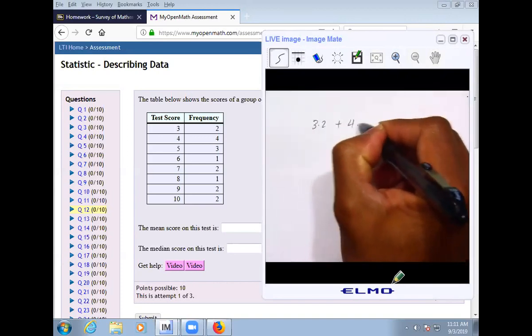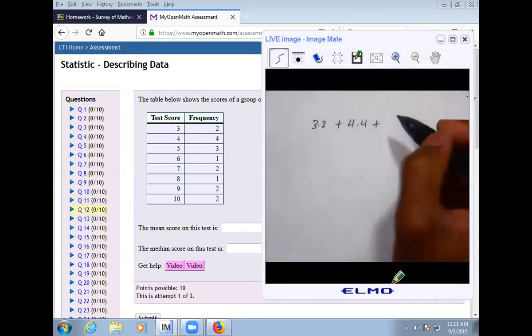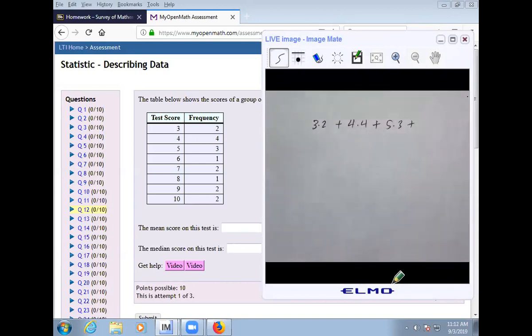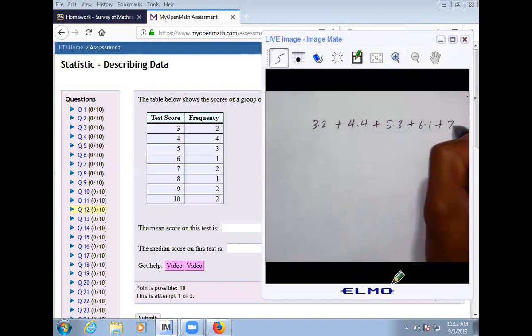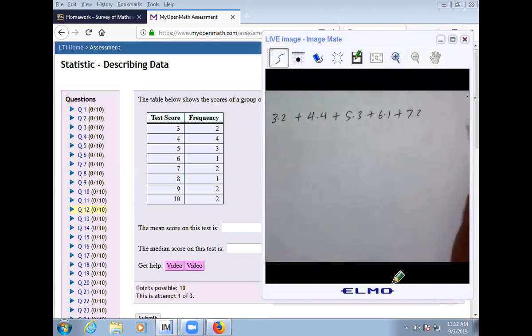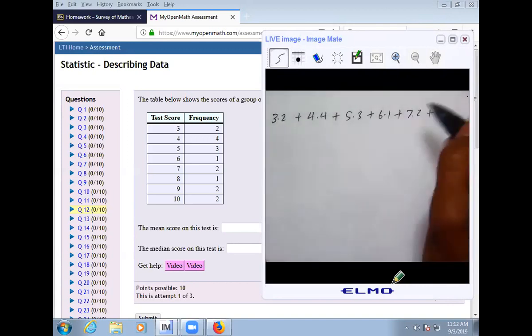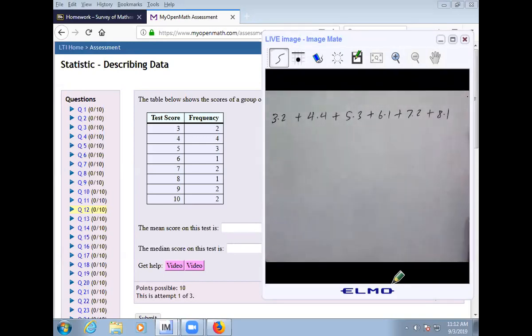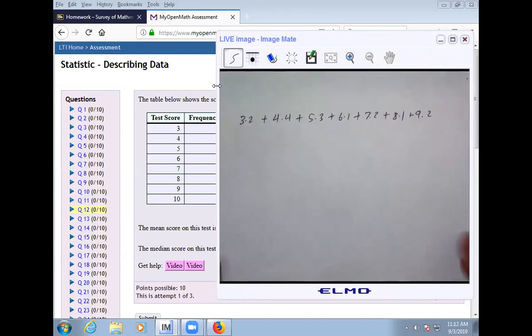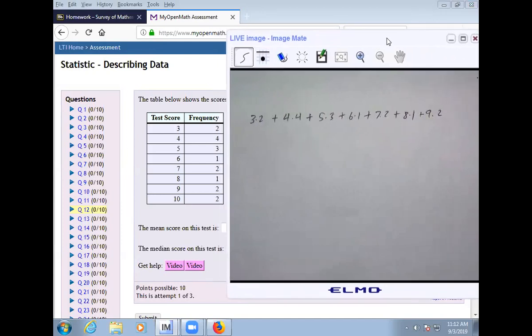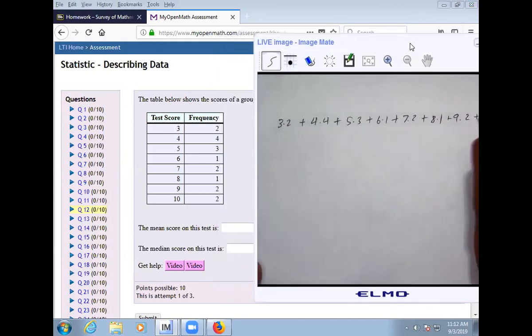Plus 4 times 4, plus 5 times 3, plus 6 times 1, plus 7 times 2, plus 8 times 1, plus 9 times 2, right? Plus 10 times 2. That's the data value.